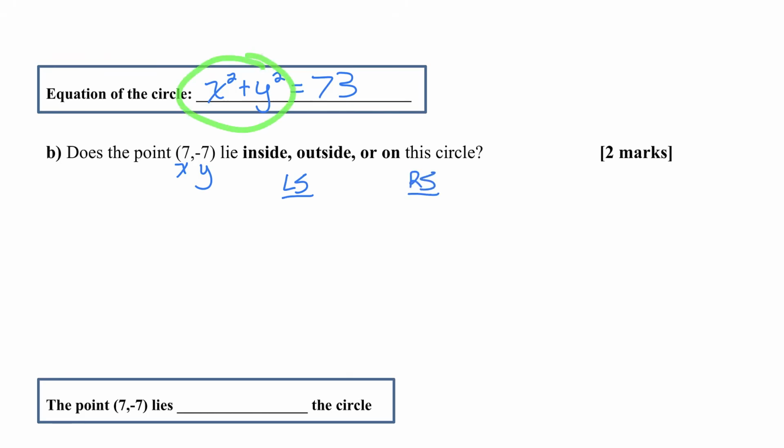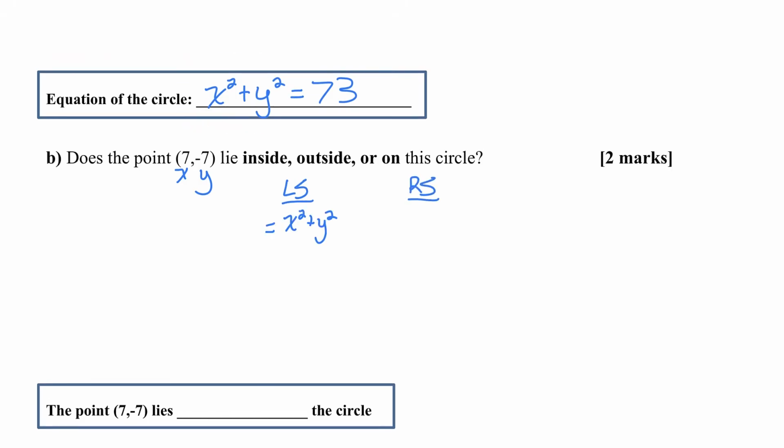The left side of the equation is x squared plus y squared, and the right side is 73. I'll now sub in my xy point, 7, negative 7 for x and y, and I get 49 plus 49, which is 98. Since 98 is greater than 73, I know that that point must lie outside of the circle. If it was less than 73, it would have been inside the circle, and if it was equal to 73, it would have been on the circle.